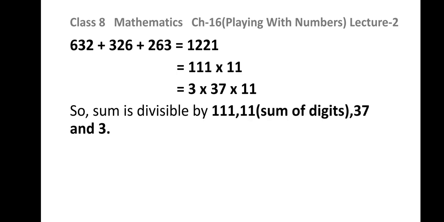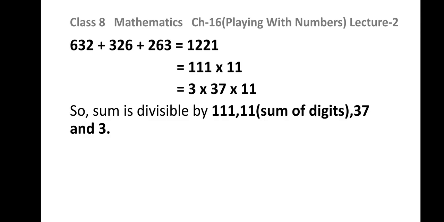So what we have observed is the sum is divisible by 111, and by 11, which is the sum of the digits, that is 6 plus 3 plus 2, which gives you 11, the original number we have taken 632, and by 37 and 3. This is the result which you need to remember and use in the questions, whenever we are supposed to reverse the 3-digit numbers in cyclic order.